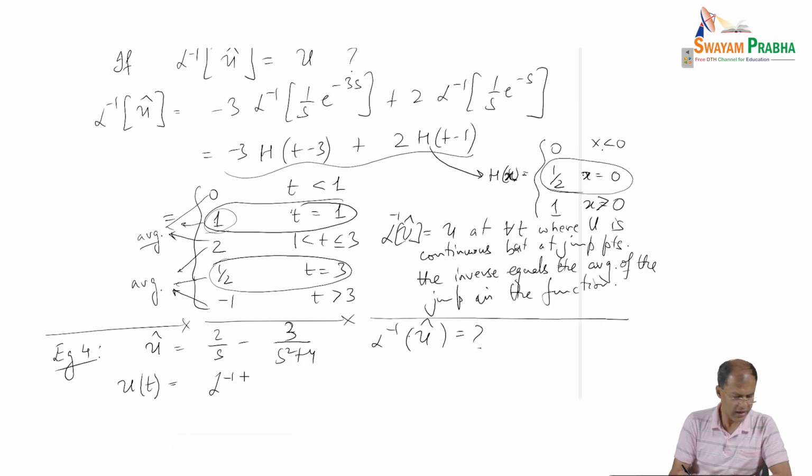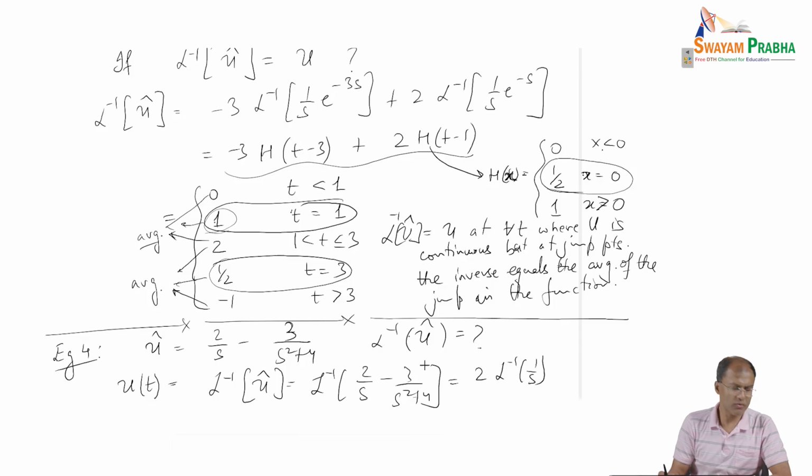This is going to be 2 times the Laplace inverse of 1 over s, using linearity of the operator, minus 3 times the Laplace inverse of 1 by s square plus 4.